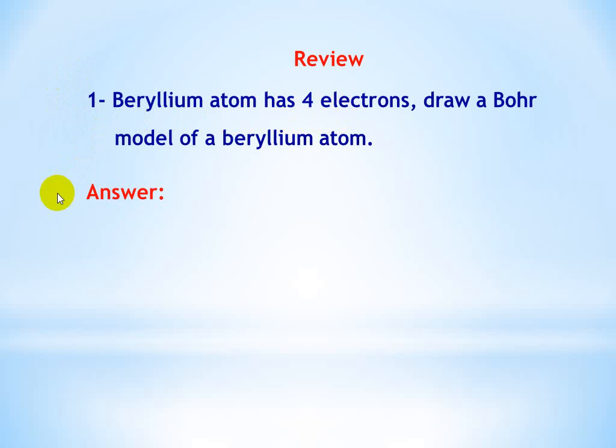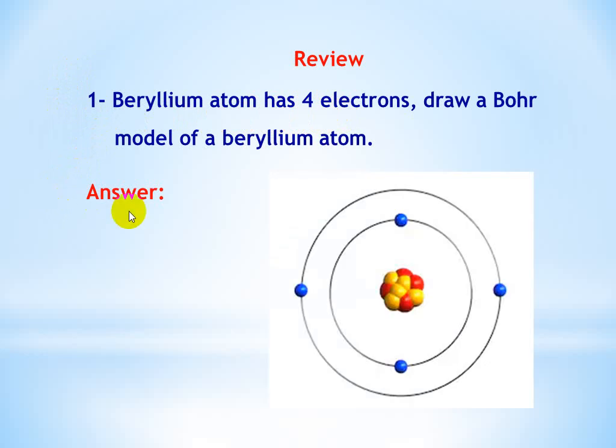Answer. Here, the first level will take 2 electrons. The first level can take maximum of 2 electrons, and the remaining 2 electrons will be in the second level. This is Bohr model for beryllium atom.